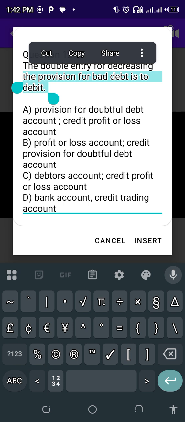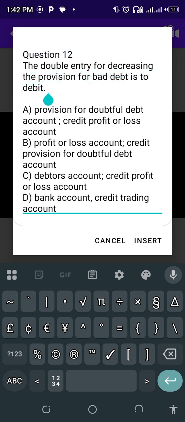Now, when there is a reduction in provision, it becomes a revenue item, and so it goes to the credit side of the profit and loss account. The provision itself has to reduce, and the provision account is a revenue account, which increases by the credit side and decreases by the debit side.